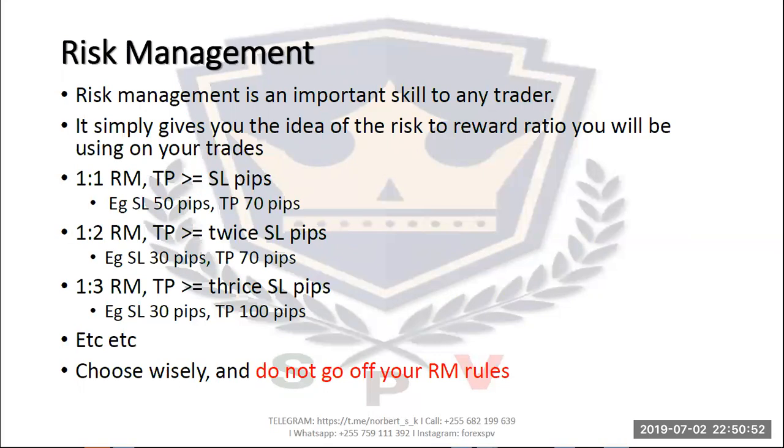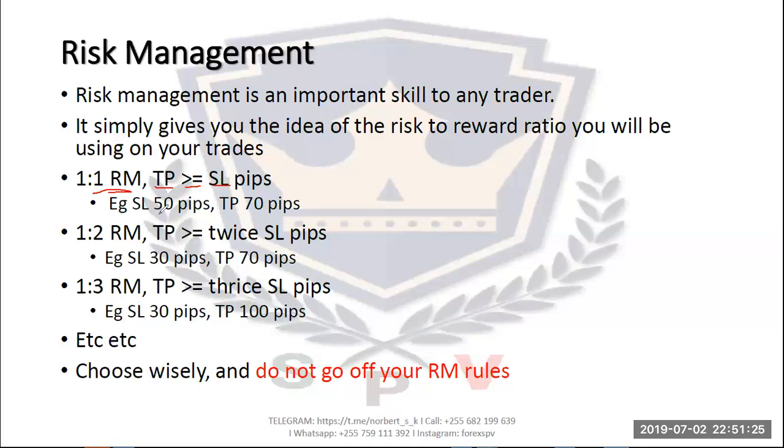So risk management gives you an idea of the risk to reward ratio you'll be using in your trades. We have the ratios there: 1:1, 1:2, 1:3, 1:4, and so forth. On 1:1, it means that in each trade you are taking, your take profit should be greater than or equal to your stop loss.